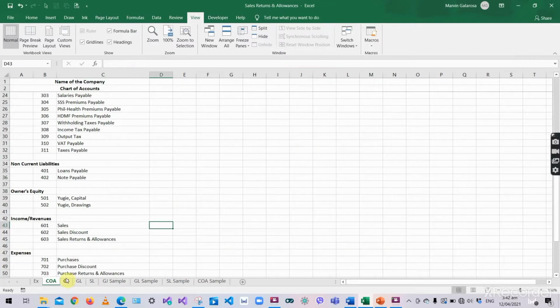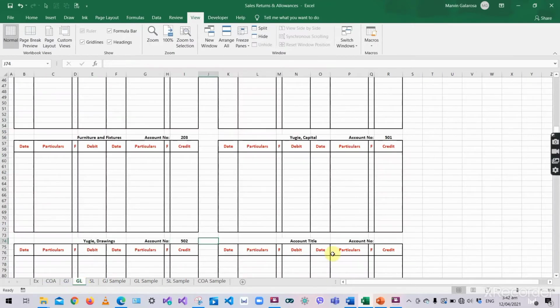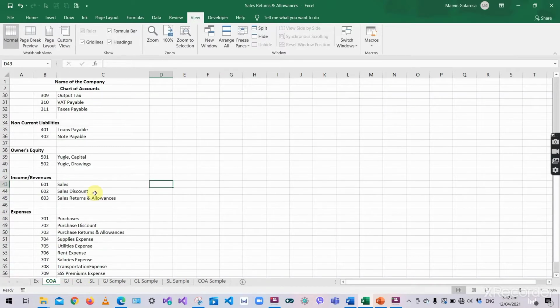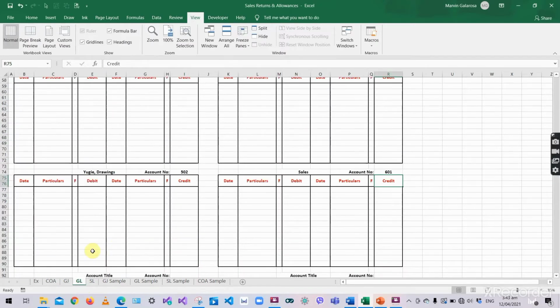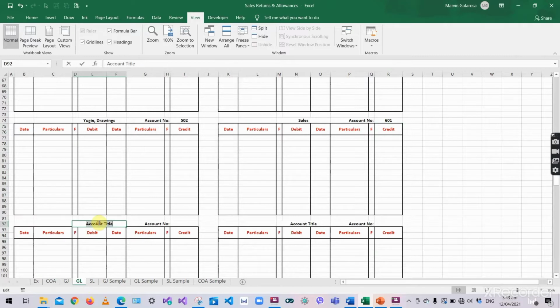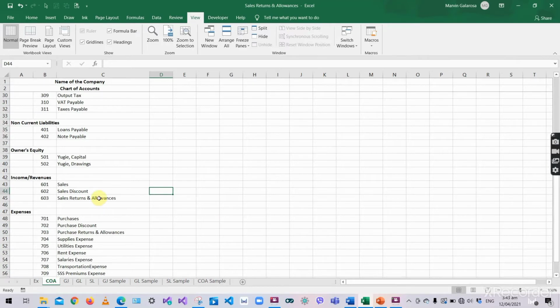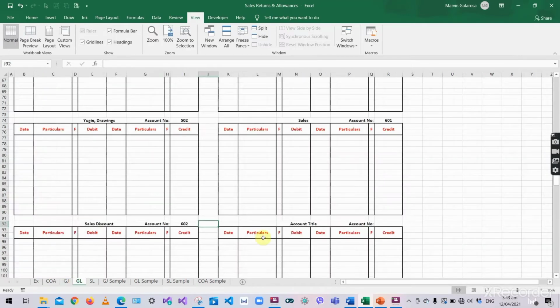Sales, 601. Sales discount, 602. Sales returns and allowances, 603.